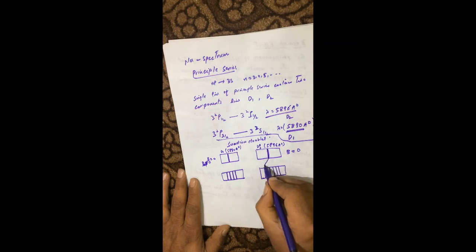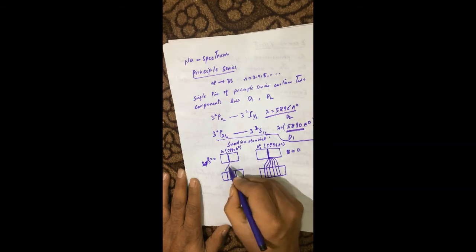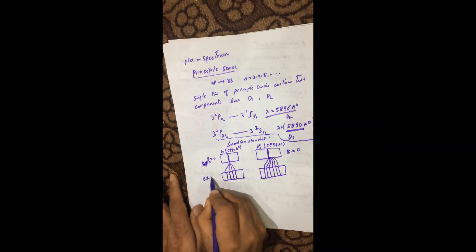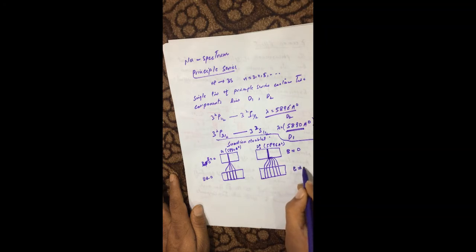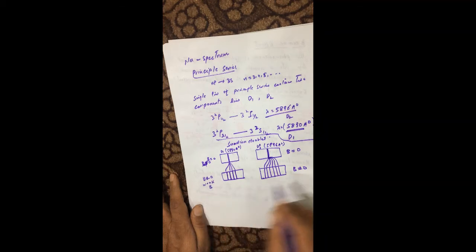So this single line splits into 6 spectral lines, and this single line is split into 4 spectral lines. This is when B is not equal to 0, but the magnetic field is a weak magnetic field. This is called anomalous Zeeman effect.